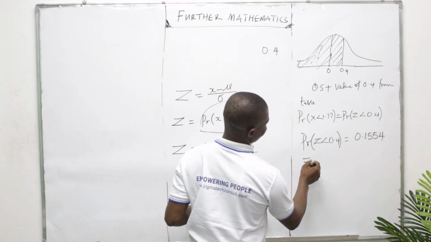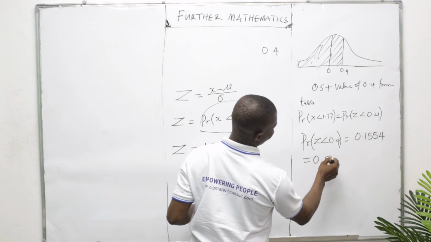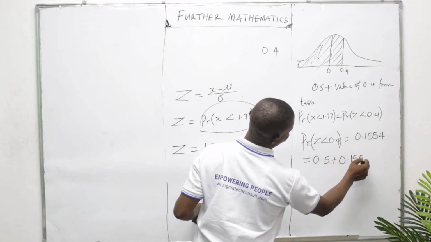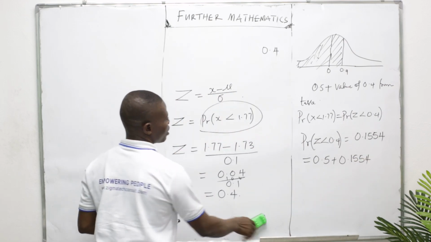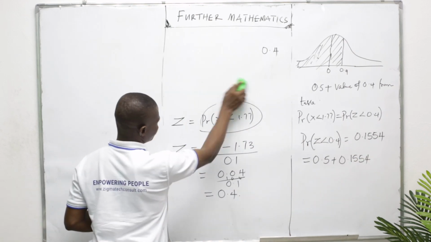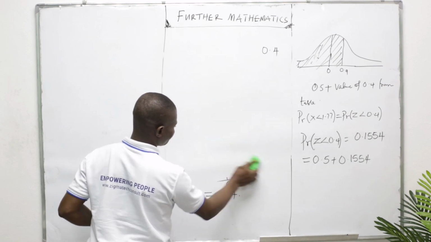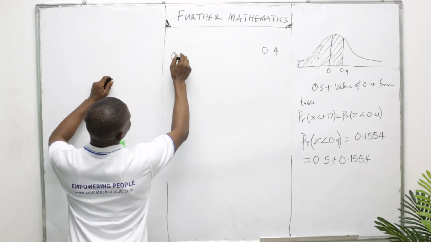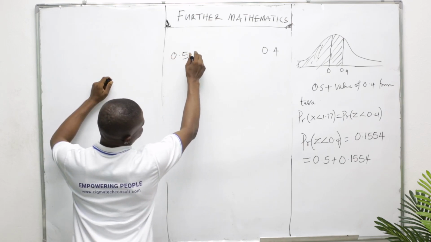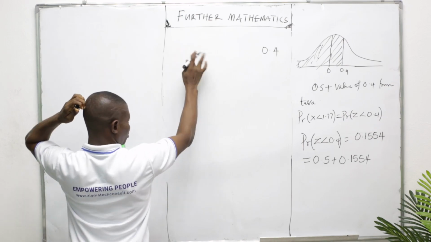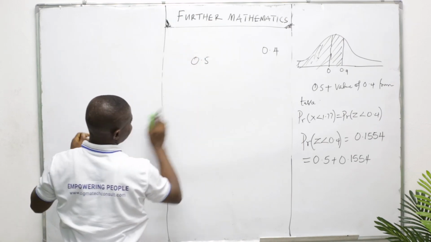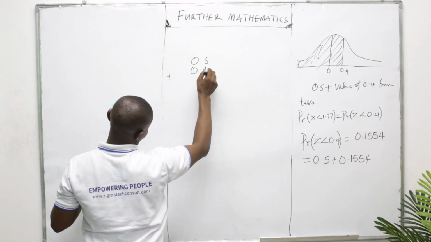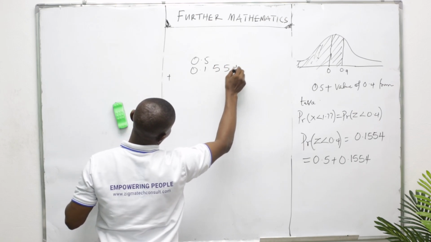So this will now give us 0.5 plus who? 0.1554. So I want to finalize for the first question. 0.5 plus 0.1554.